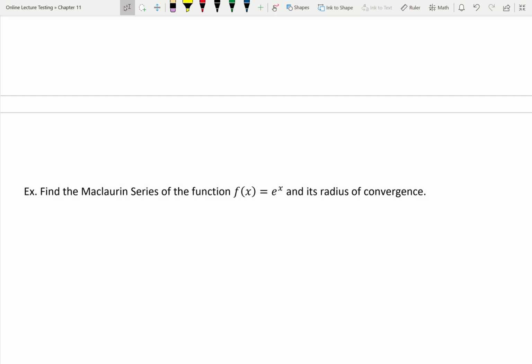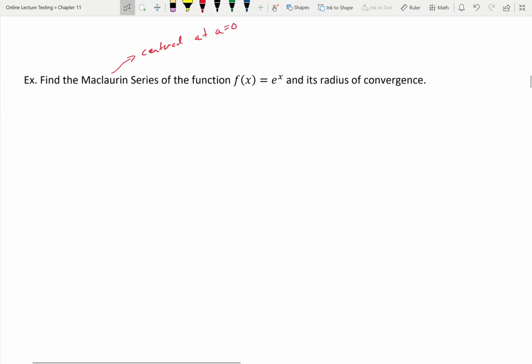Since I'm calling it a Maclaurin series, this means it's centered at a equals 0. So this is a very specific Taylor series. When I talk about a Maclaurin series, a is always equal to 0. If you see that in any other textbook, it's exactly the same. No matter where you look at it, a Maclaurin series is centered at 0.